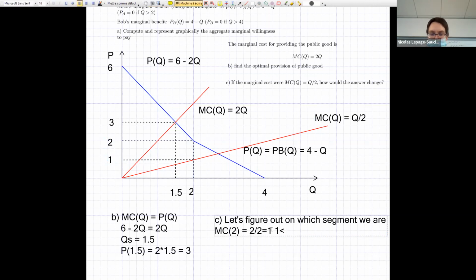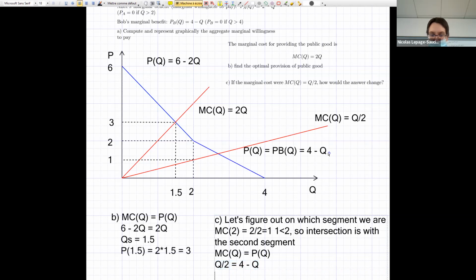1 is smaller than 2. So the intersection: the solution is where marginal cost, here that would be 2 divided by 2 equals, here I have this segment there, formulas.